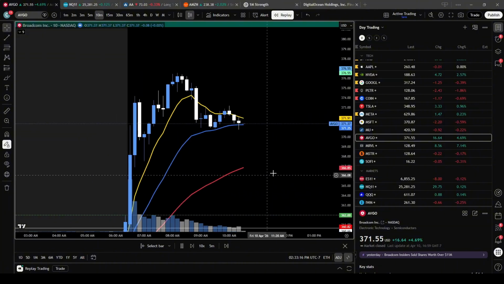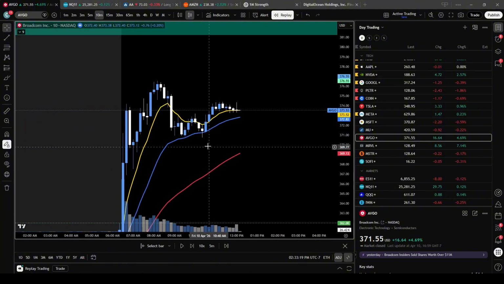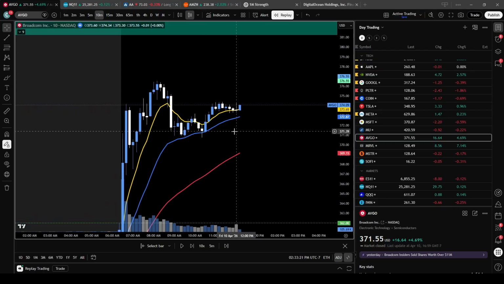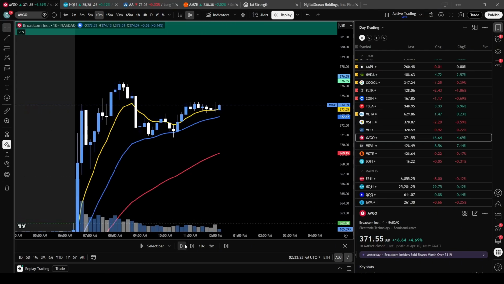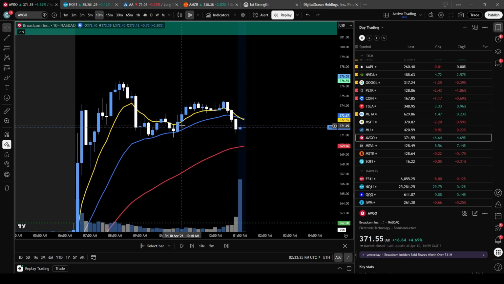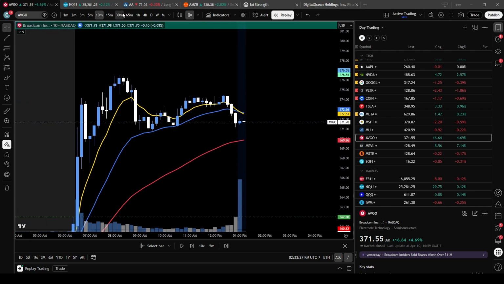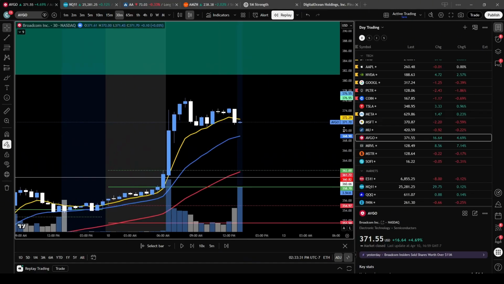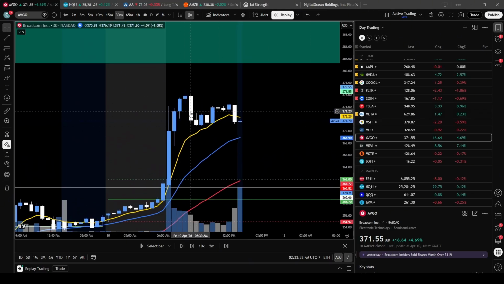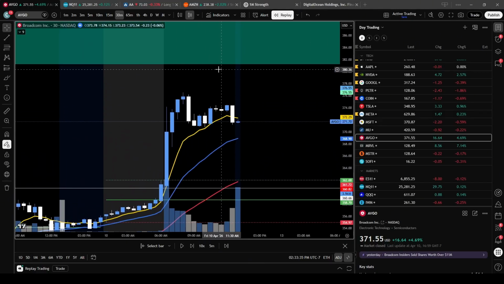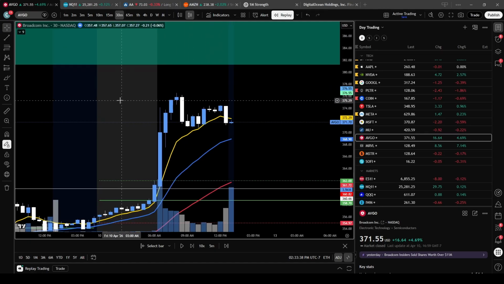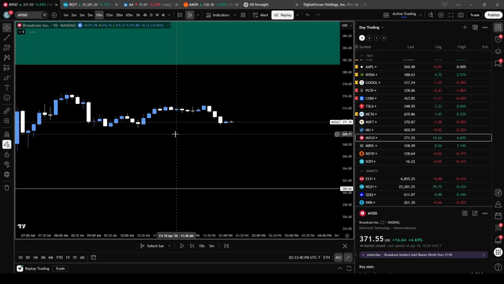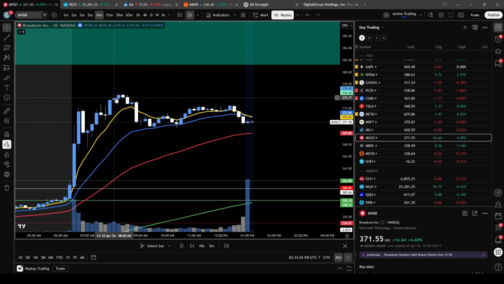And then you could re-hit that because the 20 EMA is still holding. And then it just doesn't work. But see how the price action isn't that great, and then it doesn't get a nice secondary push. This price action right here is not ideal at all.